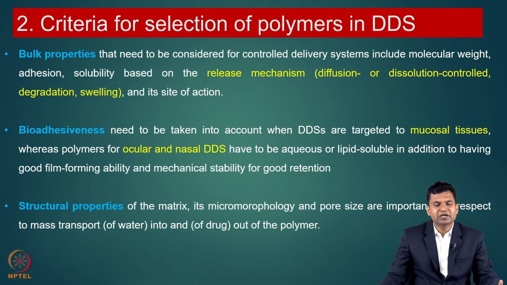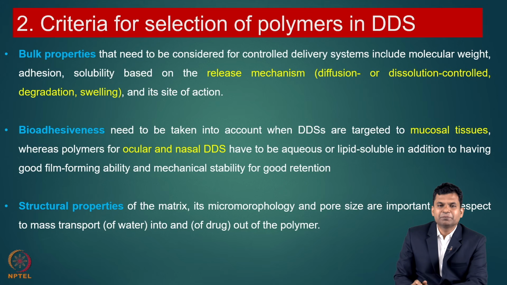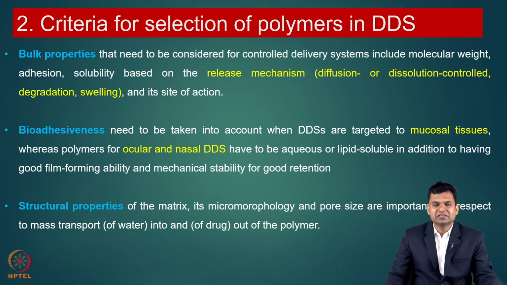Here we are going to see the criteria for the selection of polymers in drug delivery systems. In our previous class, we learned the ideal properties of drug delivery systems. There we discussed the nature of polymers, biodegradability, and the mucoadhesive properties of polymers which we can use for polymer nano drug delivery systems.